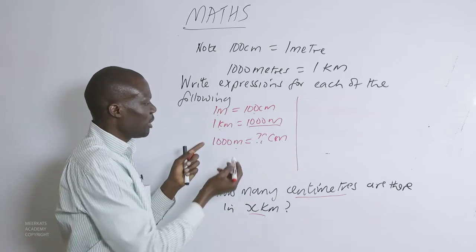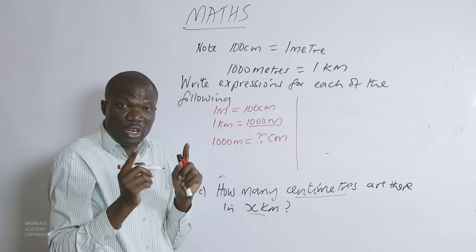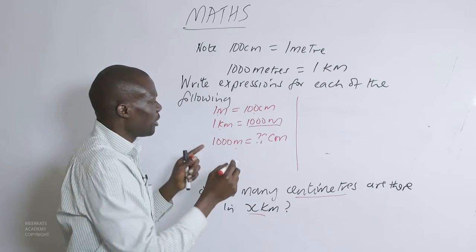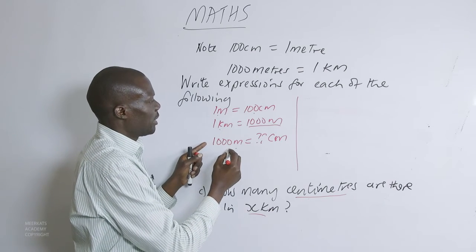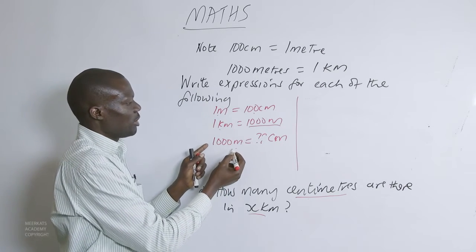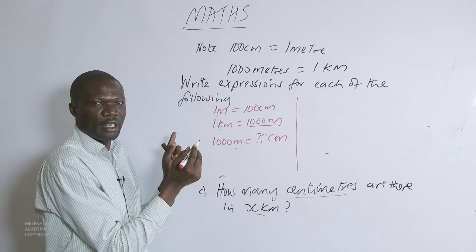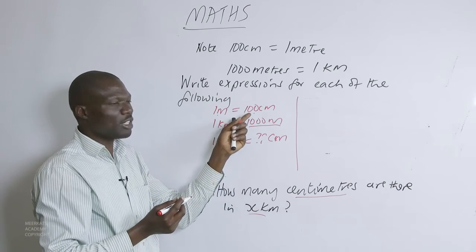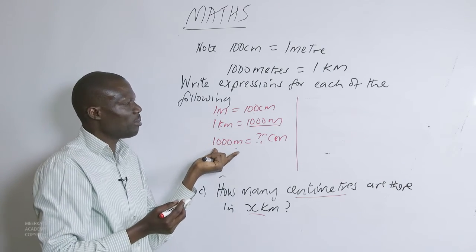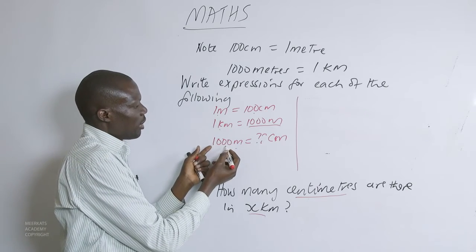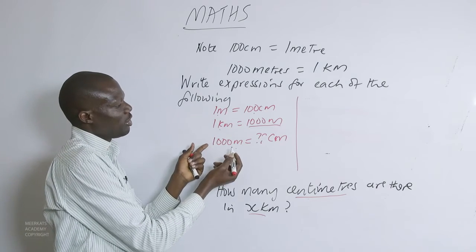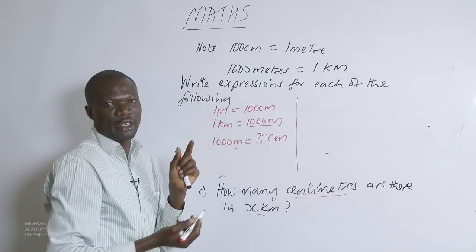For 1,000 meters here, which is equivalent to 1 kilometer, to get into centimeters it will be multiplied. So we shall find that 1,000 meters is equivalent to 1,000 times 100.